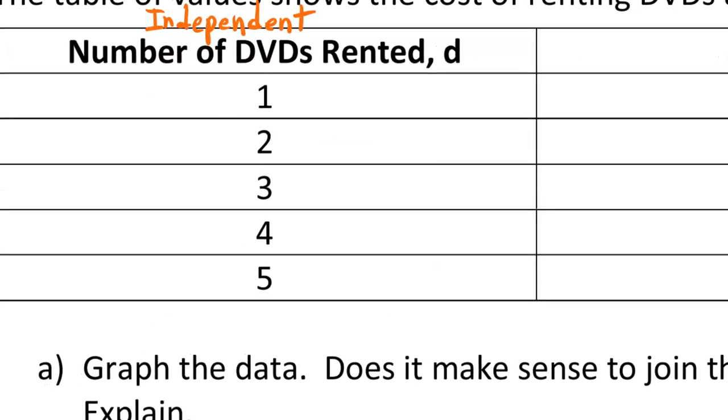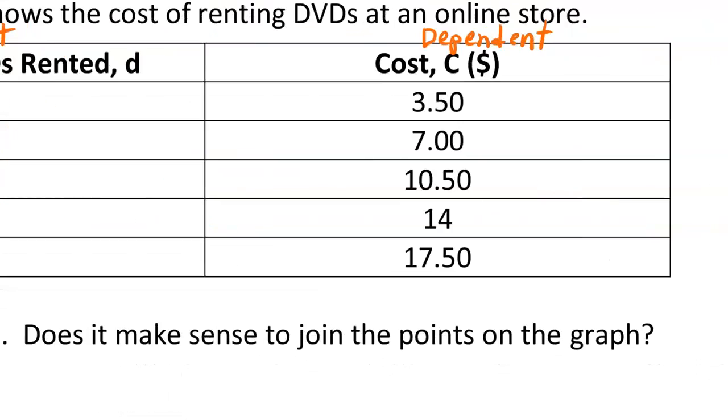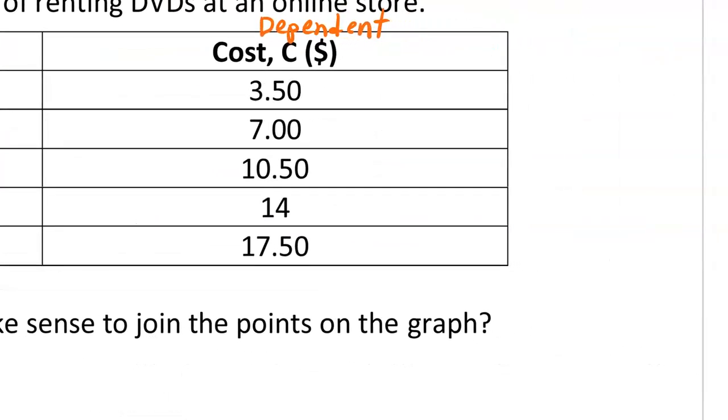When we're looking at our number of DVDs, we also want to look at what's our rate of change. Well, it's increasing by +1, increasing by +1, and third one, just to make sure, increasing by +1. For our cost, well, it's going from $3.50 to $7.